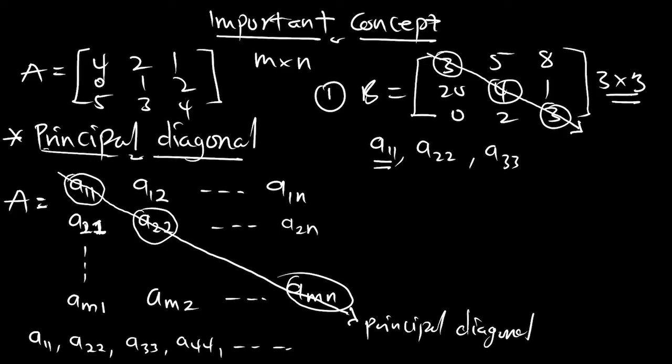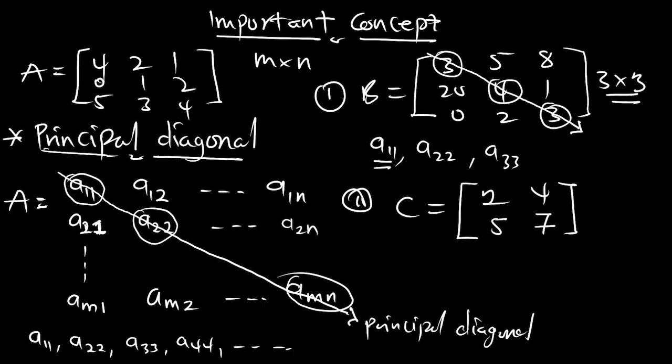Are you okay? All right. Another example: say matrix C is giving us 2, 4 and 5, 7. So our principal diagonal is going to be 1,1 and 2,2. The order of this matrix is 2 rows by 2 columns, 2 by 2.